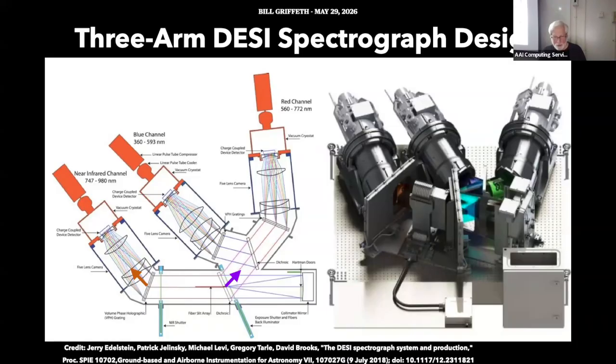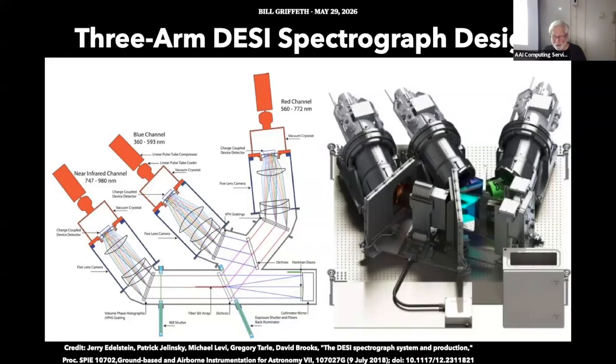Anyway, once it's dispersed, it's focused onto the CCD detector for the infrared channel. Meanwhile, the visible light reflected from the IR beam splitter hits the red beam splitter.